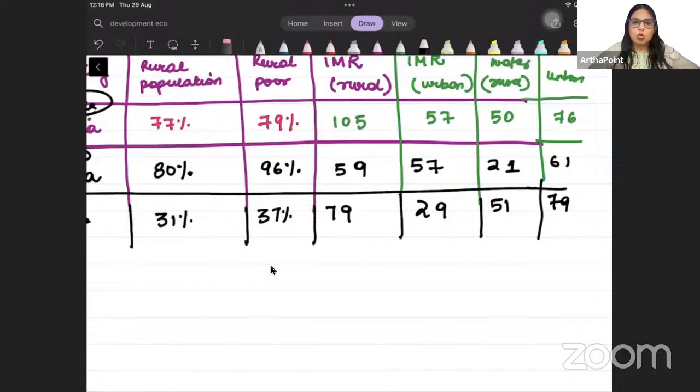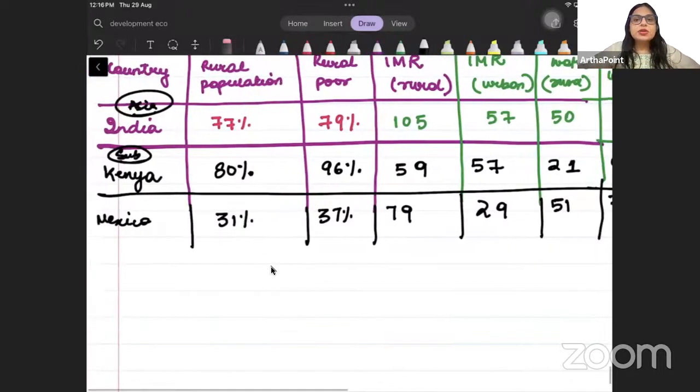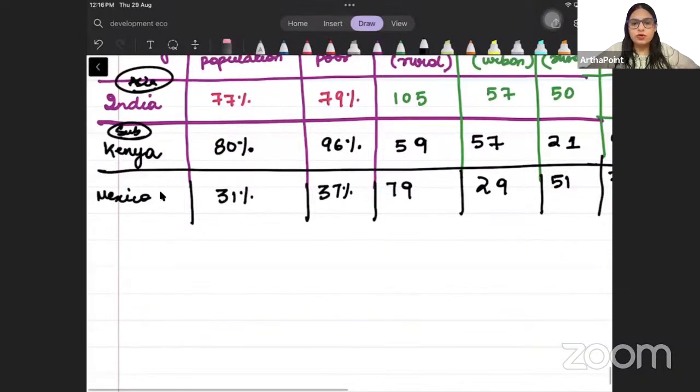What we notice overall is that the rural population in any country is much more poor as compared to the urban population. They have less access to clean drinking water, less access to good health care, and more chances that they will fall sick. So rural areas can be more prone to poverty.